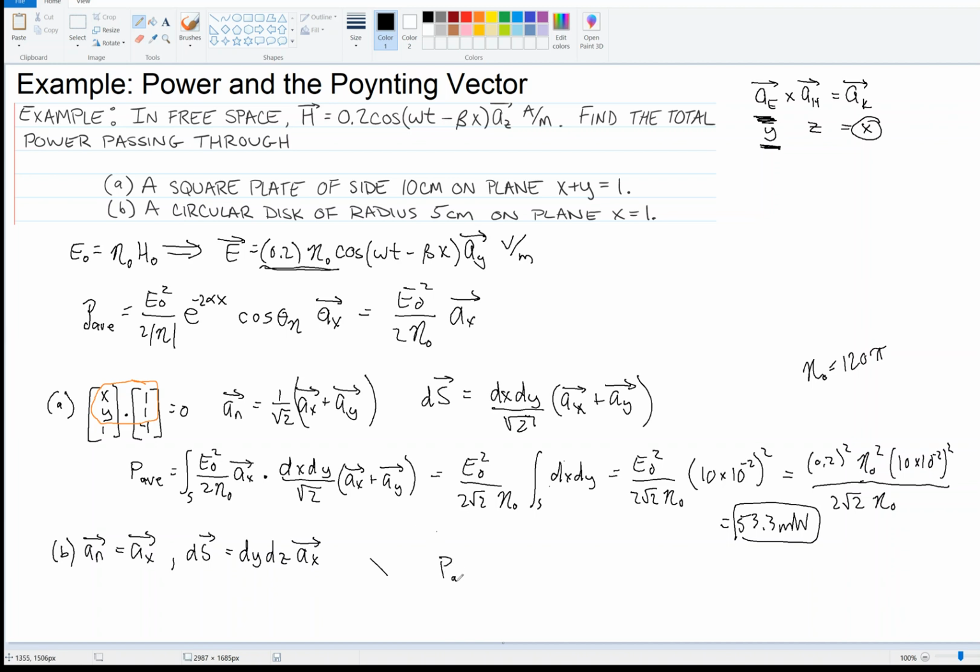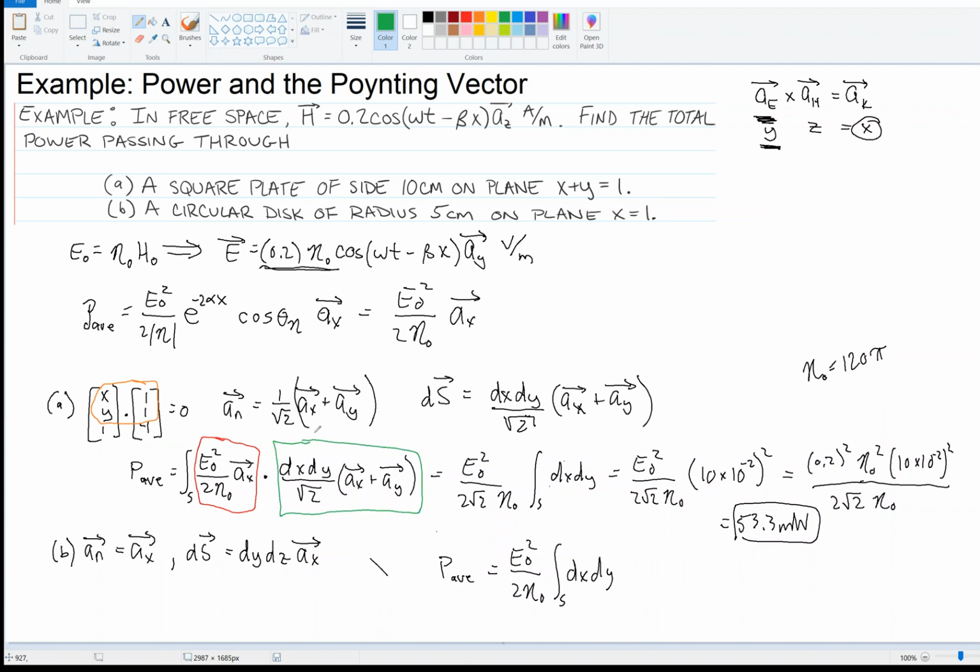So now I've got my P, which is not scripted. Again, I can pull out E0 squared over 2 eta 0, and now I've got over the surface dx dy. Again, I'm just using the results from the previous calculation, so this all stays the same. That was due to our electric field, which is not changing from parts A to B. The only thing that's changing is the surface.